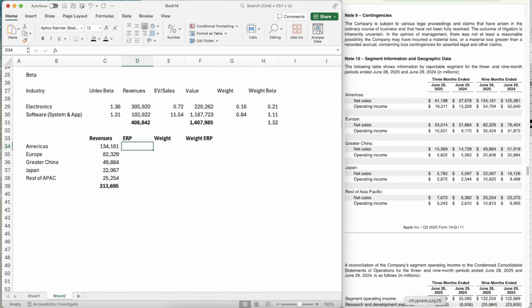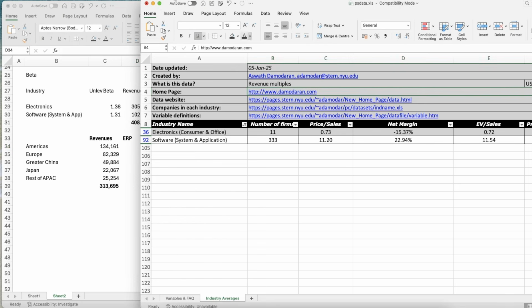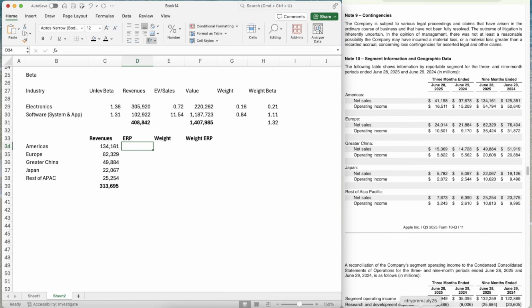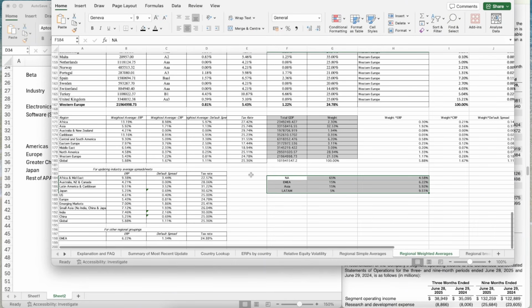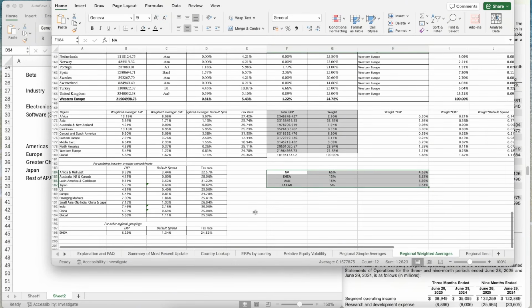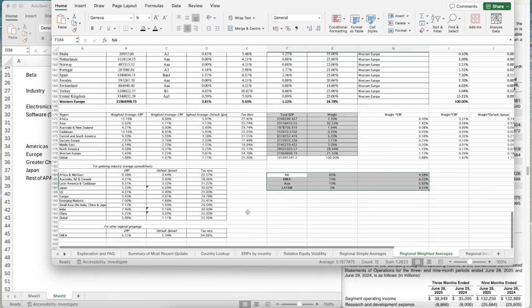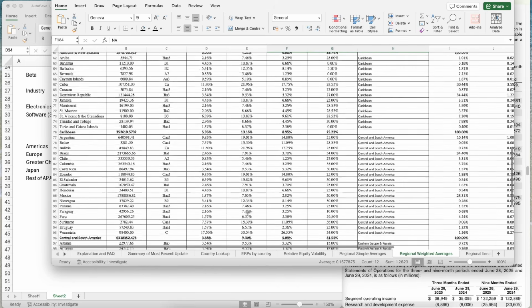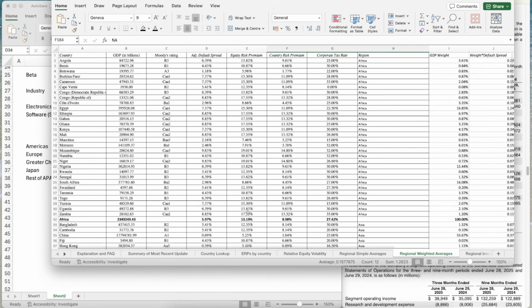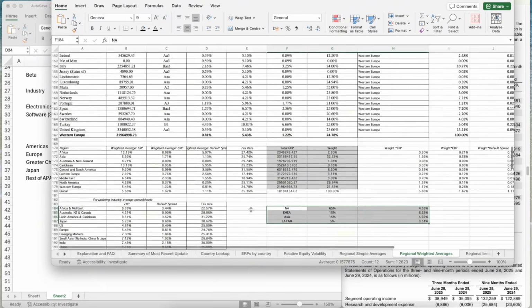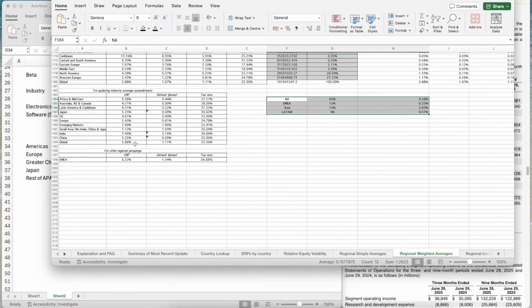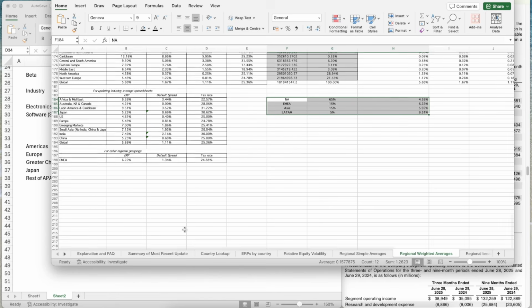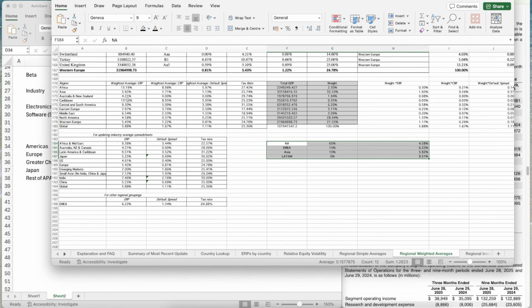So to find the ERP, we come to our other spreadsheet. We could use the 5.88%, but let's do the breakdown.